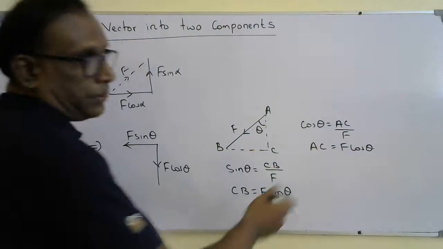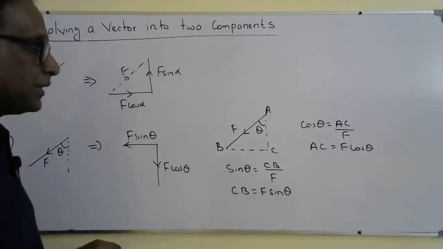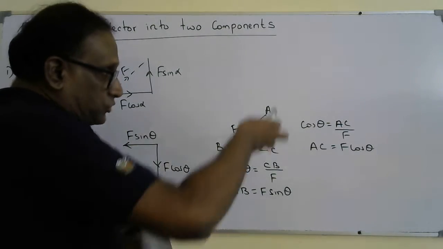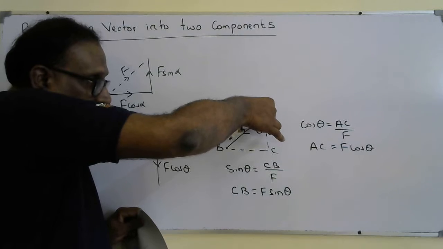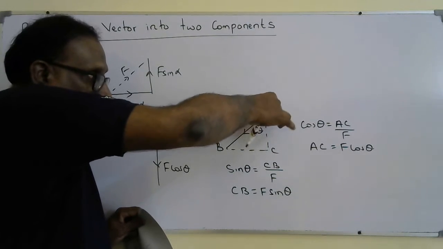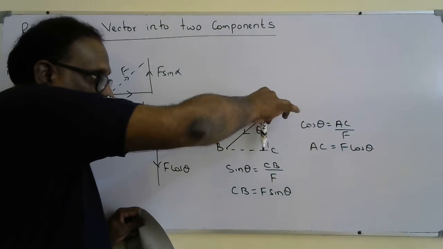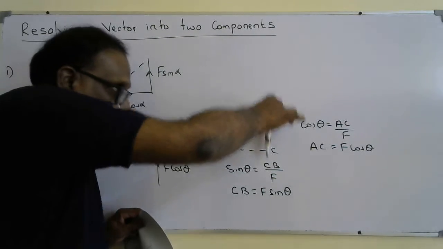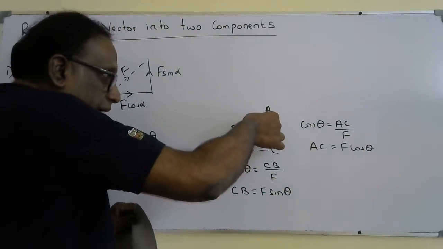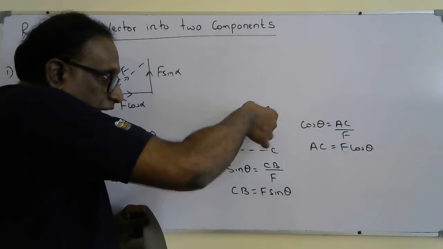That's the actual theory, the geometry. But for simplicity and to do it quickly, we tell the students to keep the pen along the arrow. To get the vertical component, I should close it through angle theta, which points downwards. Close means cos. To get the horizontal component, I should move it away.